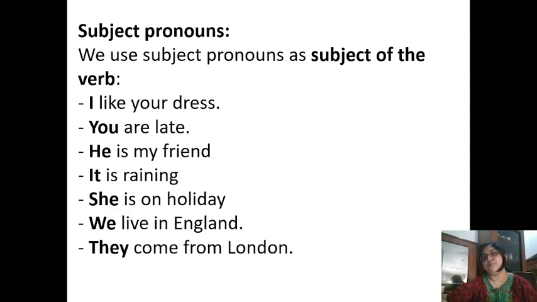So all those nouns with which you're going to initiate the talk or the idea are known as the subject pronouns. So I, you, he, it, she, we, they all are subject pronouns because we are talking about a certain phenomena that would later on be described.